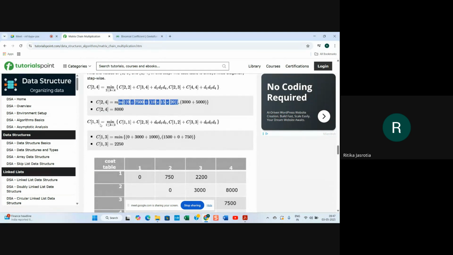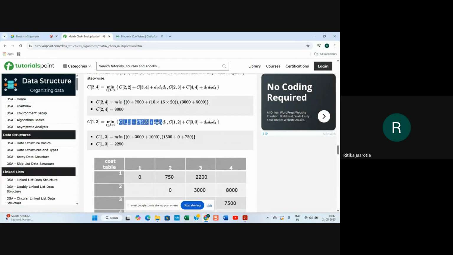So for 1 and 3, again 1 is less than or equal to k less than 3, which means two values you can keep for k, 1 and 2, right? If we keep k as 1, it is C11 plus C23 plus D0, D1, D3.